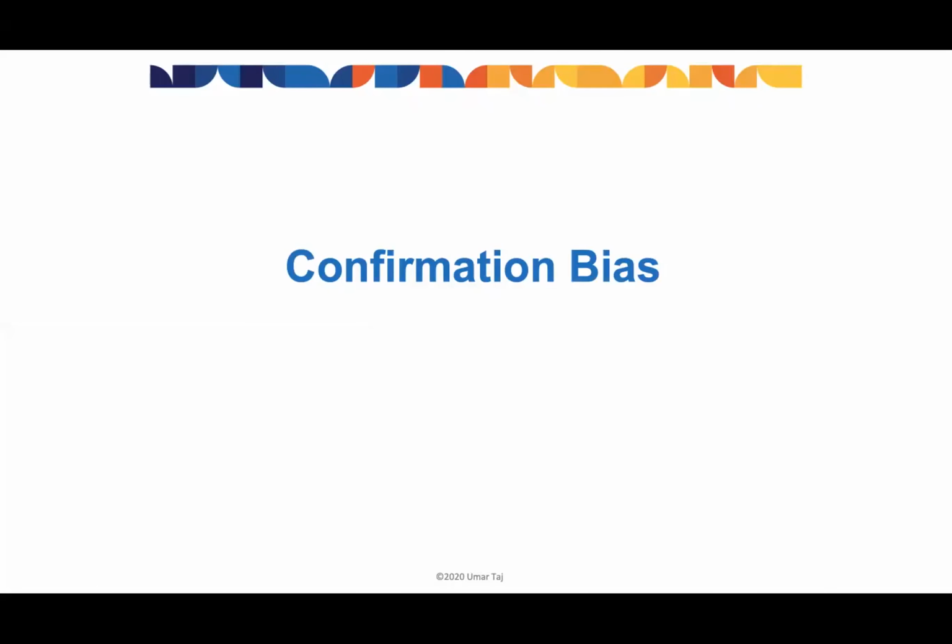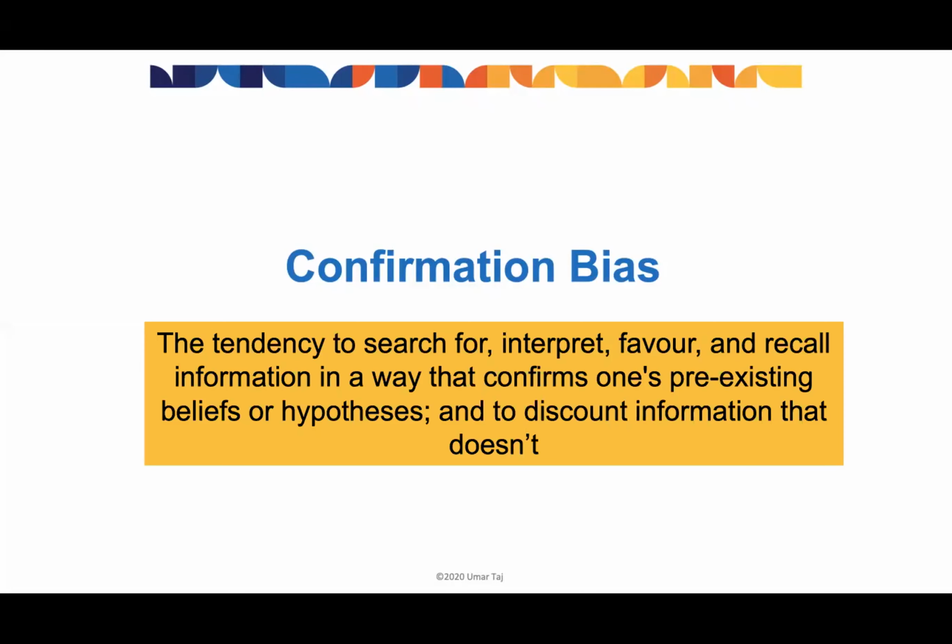And this is something which we call confirmation bias. It's our tendency to search for, or to interpret, or to favor, or to recall information, only that which confirms our pre-existing beliefs or hypothesis. And we discount information that doesn't do that.